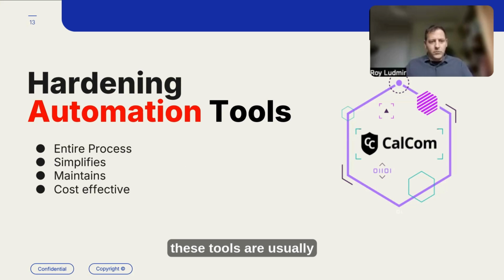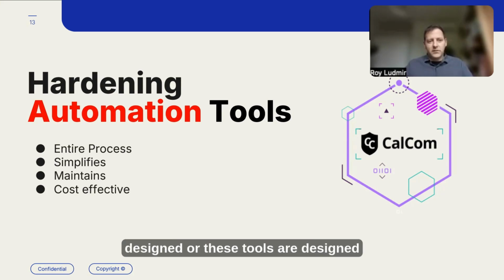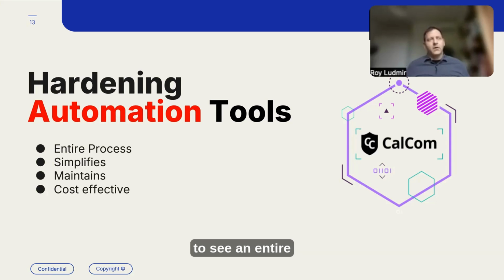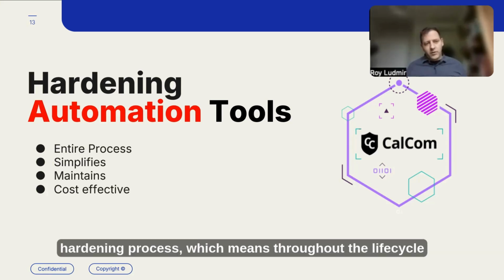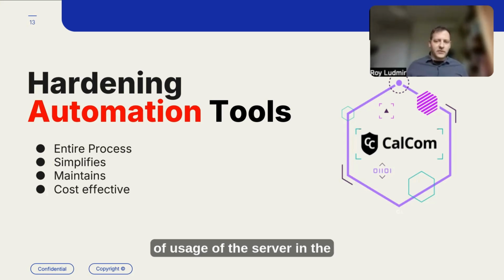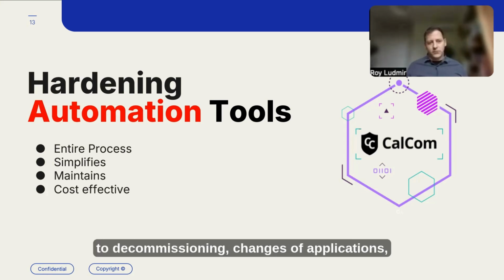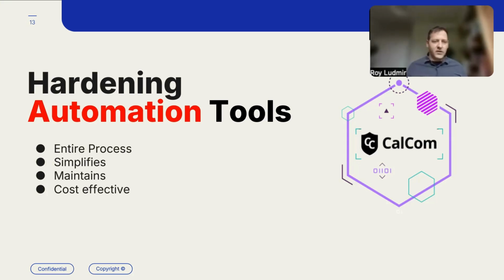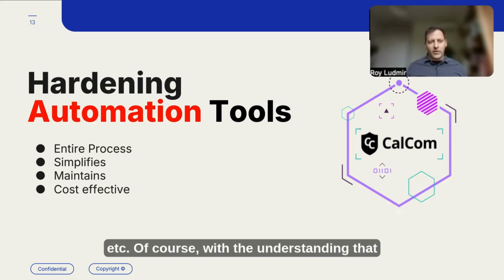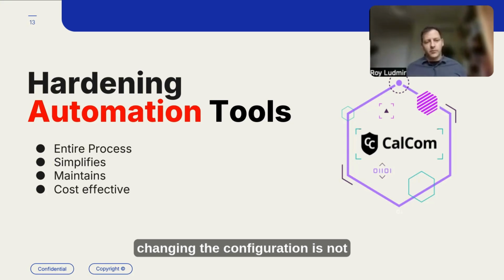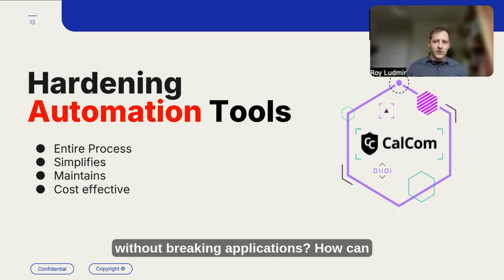And these tools are designed to see an entire hardening process, which means throughout the life cycle of usage of the server in the infrastructure, from its provisioning to decommissioning, changes of applications, etc. Of course, with the understanding that changing the configuration is not the actual challenge, but how can we make the changes without breaking applications?